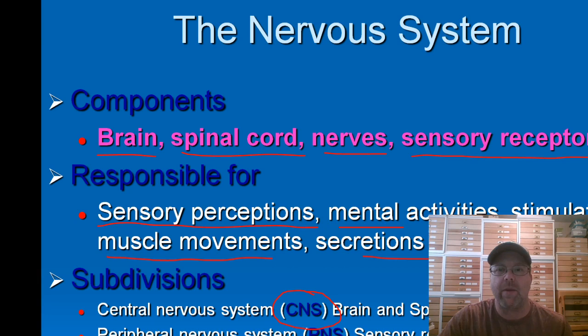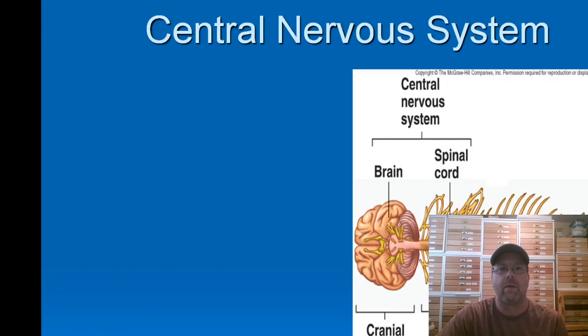It's not a chord like music. It's a cord, C-O-R-D. But anyway, the central nervous system, brain and spinal cord. And then the second part is our peripheral nervous system, which is made up of basically everything else. All of our nerves, the sensory receptors, anything that's coming off of the brain or off of the spinal cord.